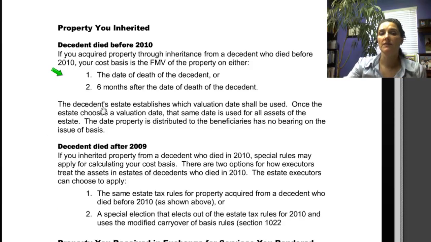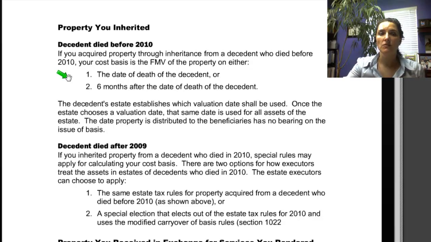That being that you use the date of death of the decedent or 6 months after the date of the death of the decedent to establish the cost basis in an asset. So what I'm getting at here is if a person died in any year other than 2010, you're going to follow these rules right here. That is, on the date of death of the decedent or 6 months after the date of death of the decedent, the estate will set a valuation.